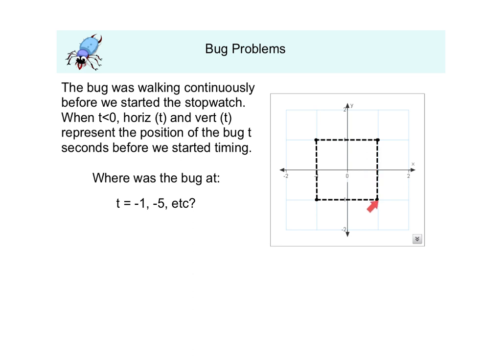Negative 1 would be down here. So at t equals negative 1, my coordinates are 1, negative 1 at this spot. At t equals negative 5, it would be 1, 2, 3, 4, 5 seconds before we started our stopwatch, or right up there at negative 1, 1.